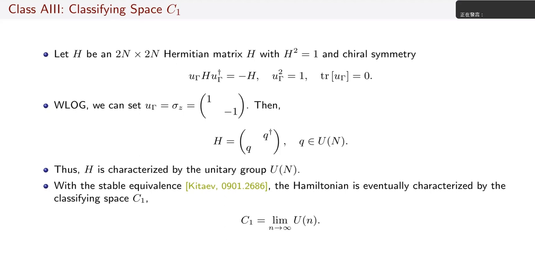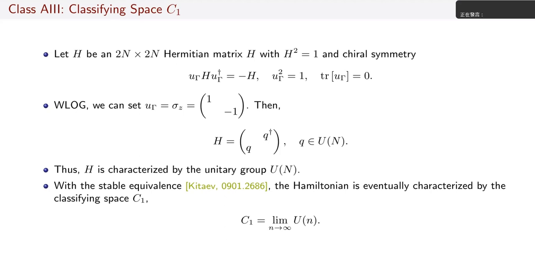Then you can see that the Hamiltonian H has no diagonal elements and is only characterized by the off-diagonal element, and this off-diagonal matrix Q takes values in the unitary group. That means this Hamiltonian is eventually characterized by a unitary U(n). And by using stable equivalence, eventually the Hamiltonian is characterized by this classifying space C1, a kind of limit of the unitary group.